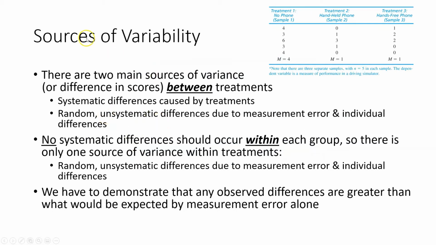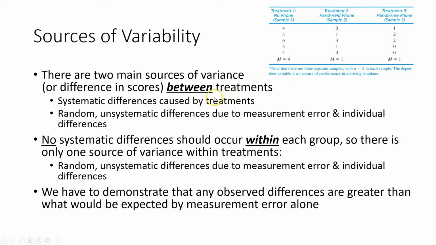Now, there are multiple sources of variability at play. There are, in particular, 2 main sources of variance, or of differences in the scores. The first one is between treatments, and the second one is within treatments. Between treatments refers to the differences between Group 1 and Group 2, between Group 1 and Group 3, between Group 2 and Group 3.